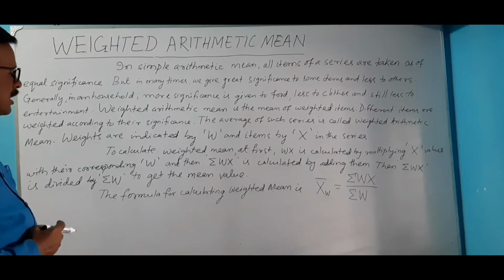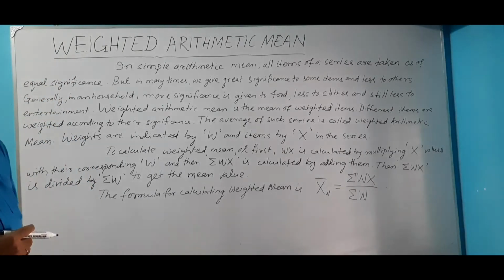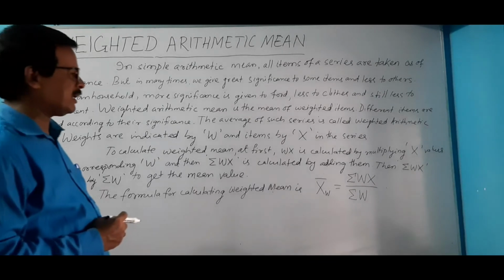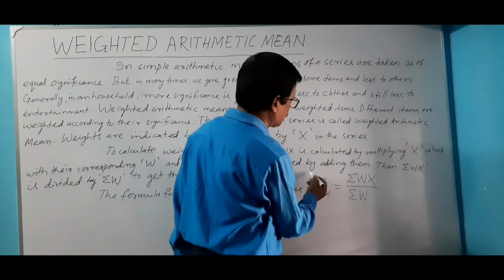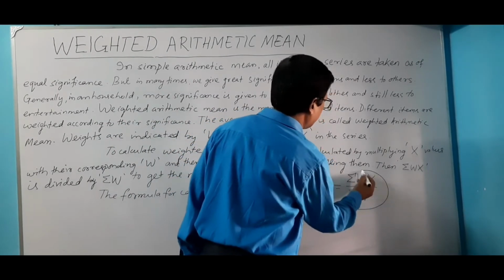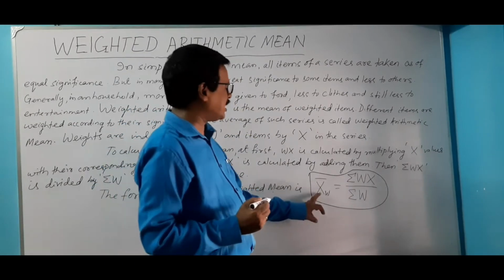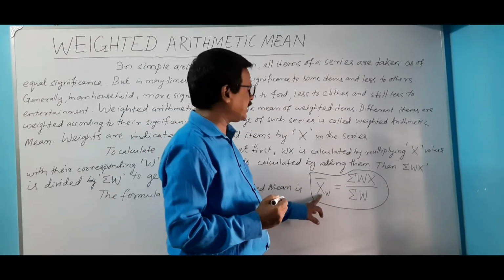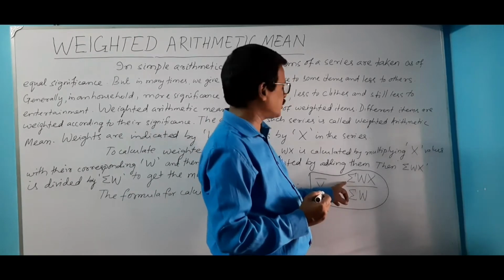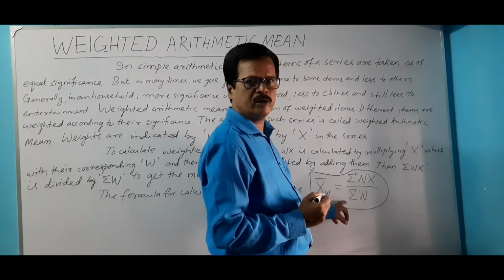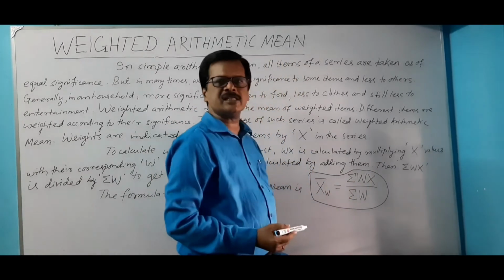The formula for weighted arithmetic mean is X W bar, which indicates weighted arithmetic mean, equal to summation Wx by summation W, where W represents weights and X represents items.